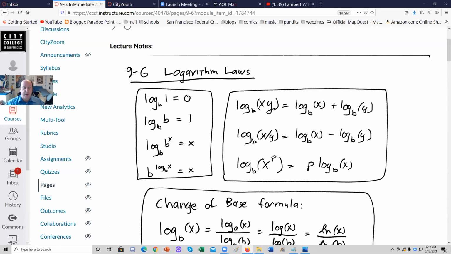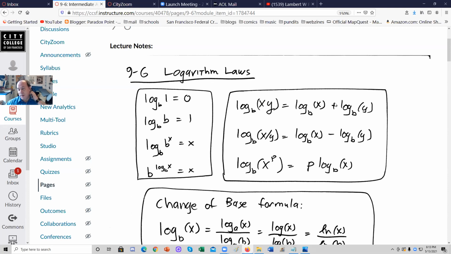It follows from this, for example, that log base b of b is 1, because this is log base b of b to the first, so you get a 1. And log base b of 1, well, 1 is b to the 0, so log base b of 1 is 0.